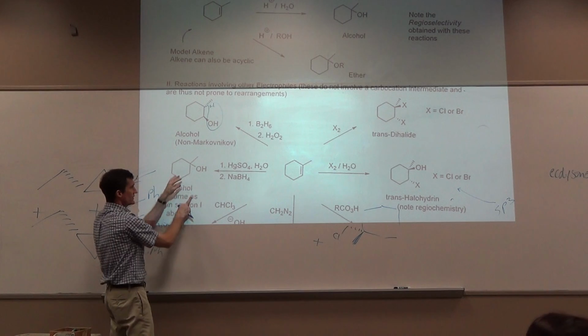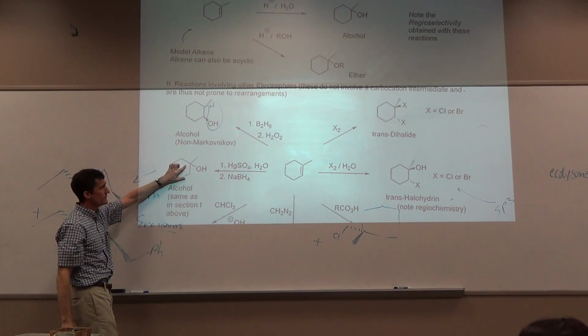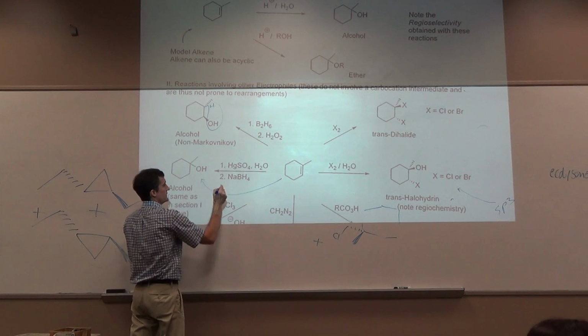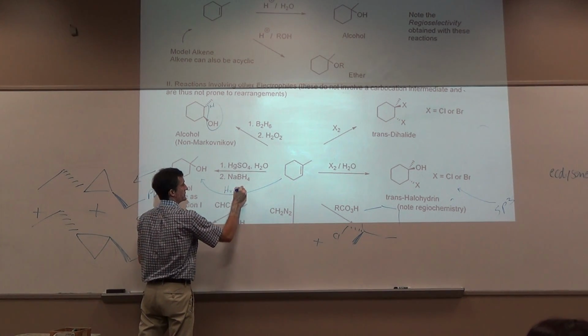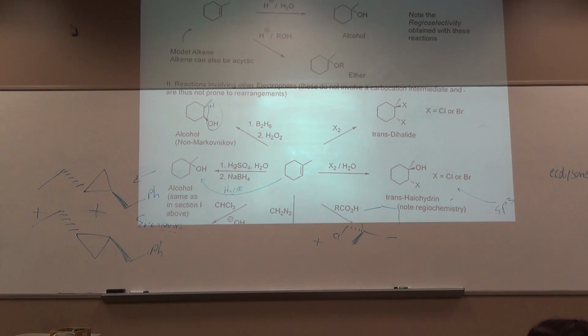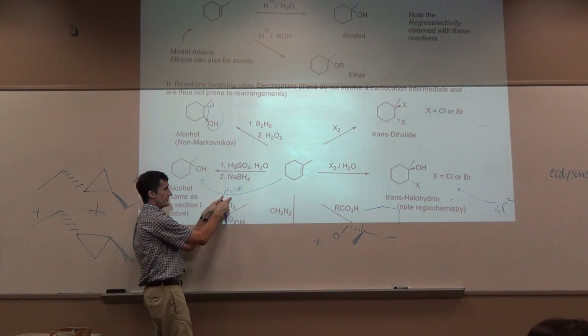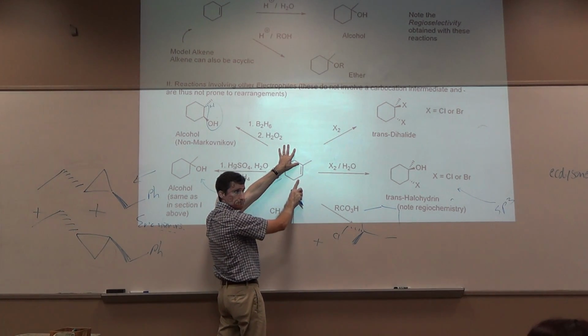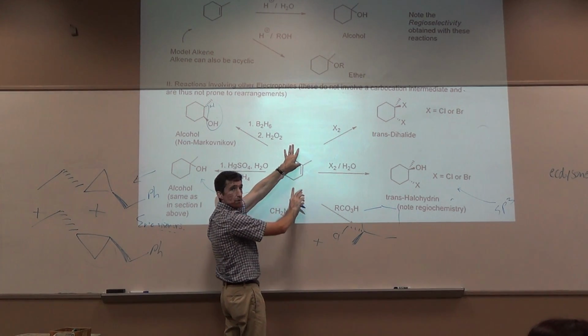This looks like a kind of a standard product. The same product we would get if we did just H3O+. Does that look like the same product? Because if we did H3O+, what would the alkene attack? H+.